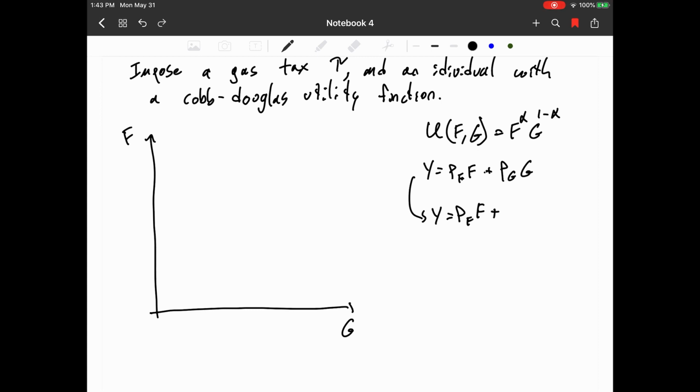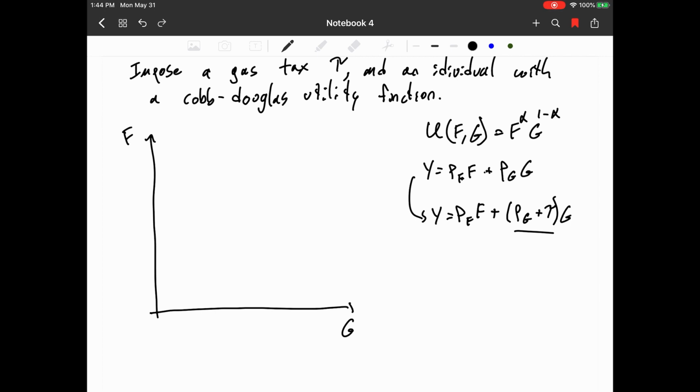So we're placing the tax on the buyer, and we're placing it on the gas. And we're going to say for each unit of gasoline, there's going to be 1 tau's worth of tax imposed. So we're just raising the price by tau.